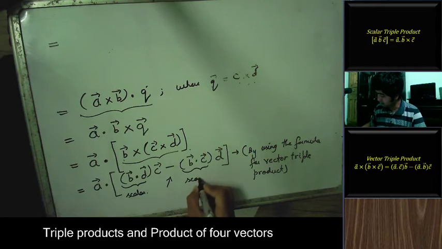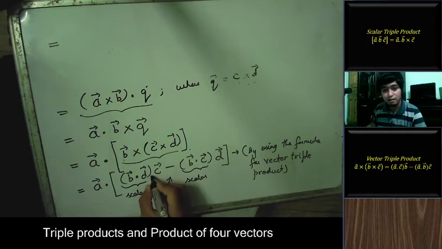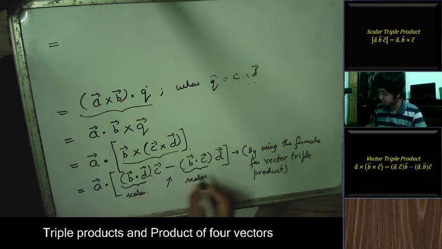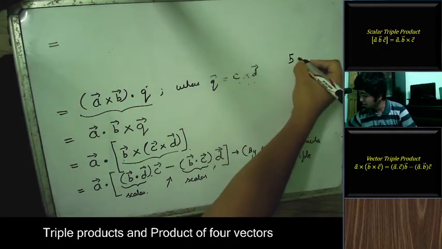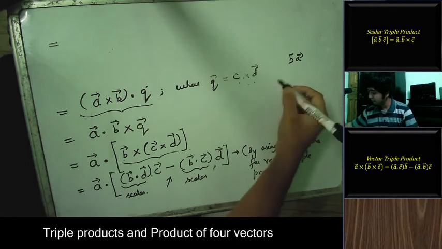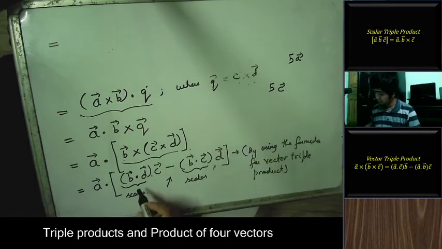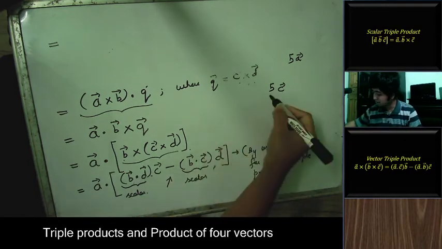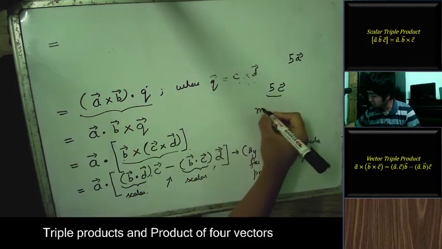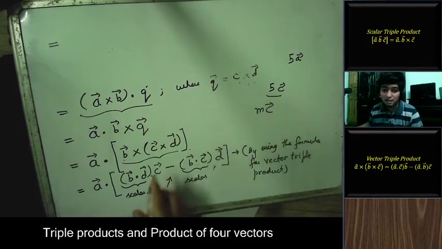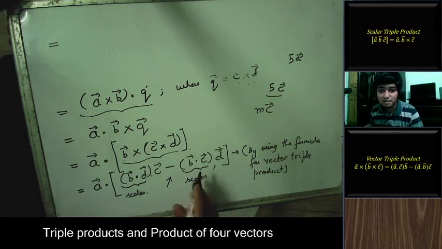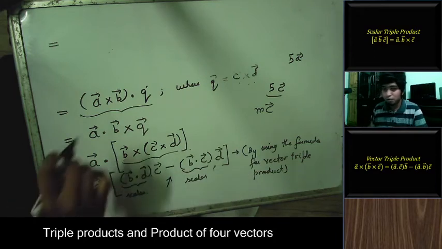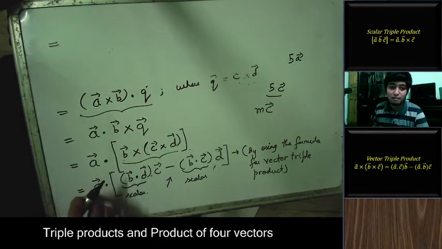There is no dot and no cross in between. It is just like writing something like 5a or 5c, or mc. Similarly this one is just like writing nd. What happens with a scalar is we can take it to the front.